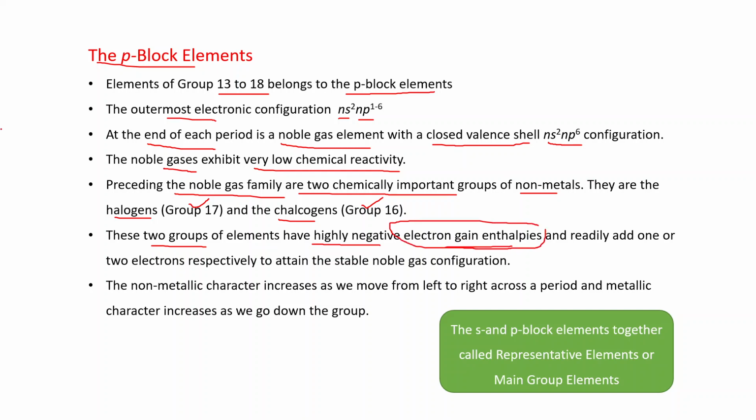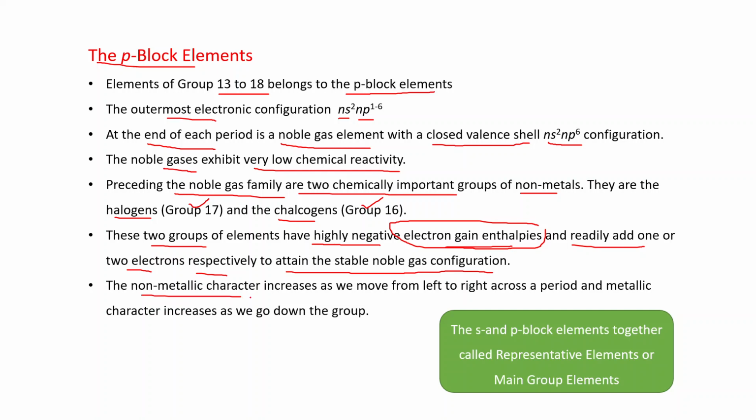This is the change in energy when an electron is added to a neutral atom to make it a negatively charged ion. That is known as electron gain enthalpy. For these elements, high negative electron gain enthalpy is there, and they readily add 1 or 2 electrons respectively to attain the stable noble gas configuration.